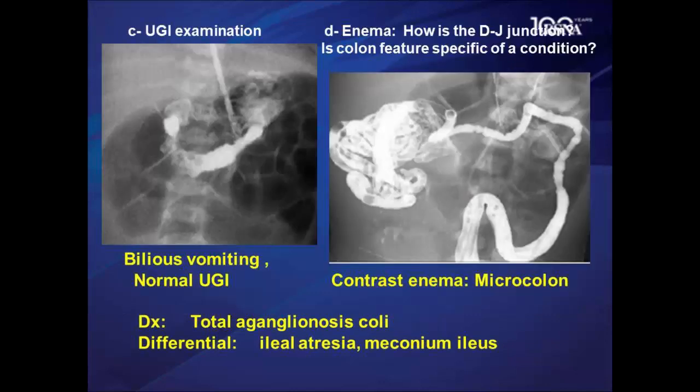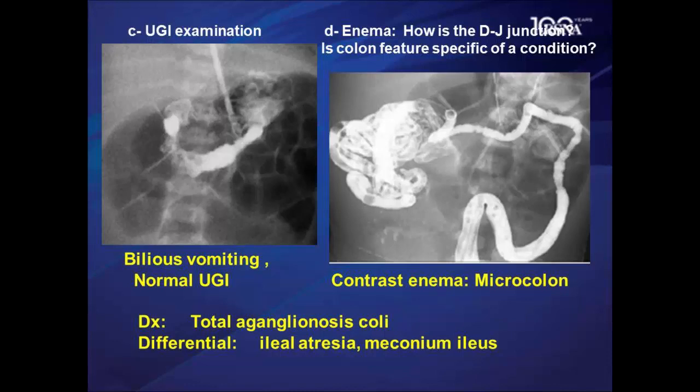Look what we did. An upper GI study, quick one, we demonstrate that duodeno-jejunal junction is normal. Then we go to the second step, contrast study. Now here we opacify.